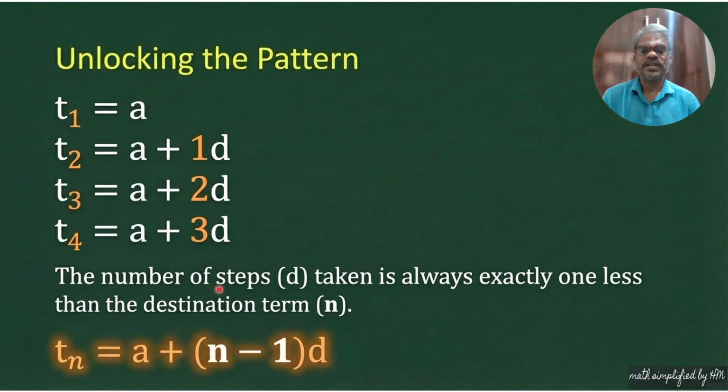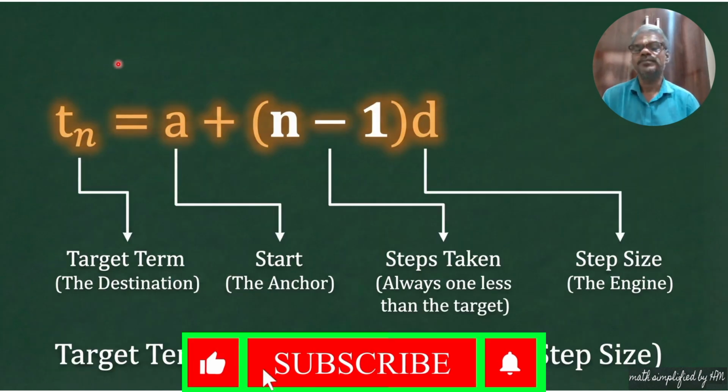The number of steps taken is always exactly 1 less than the destination term n. So we get the formula for the nth term: Tn is equal to A plus (n minus 1) times D.